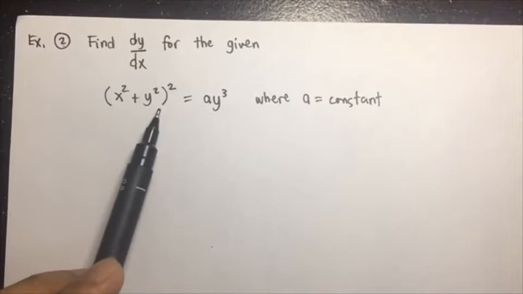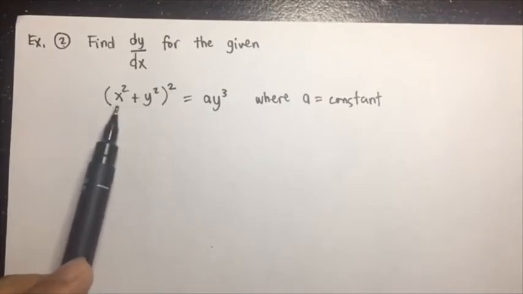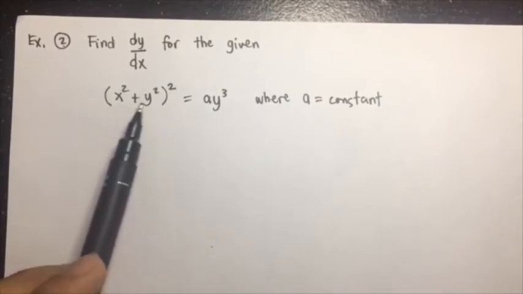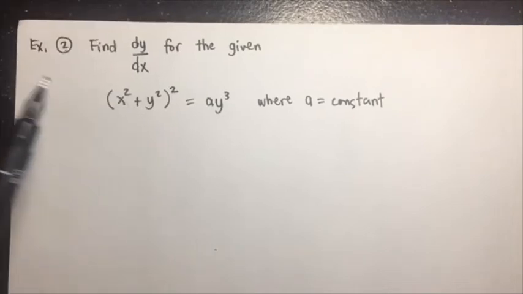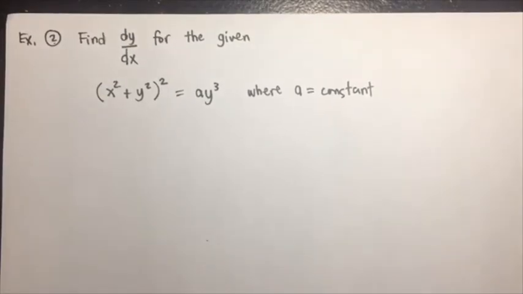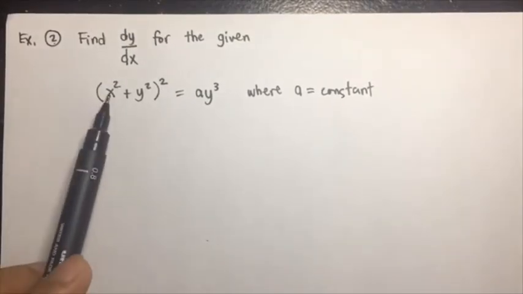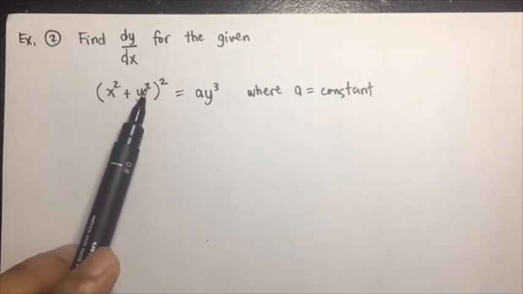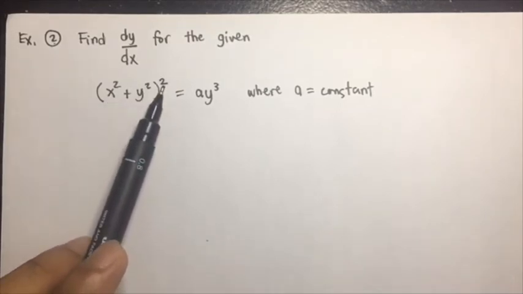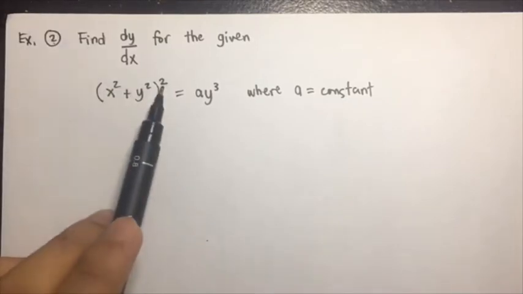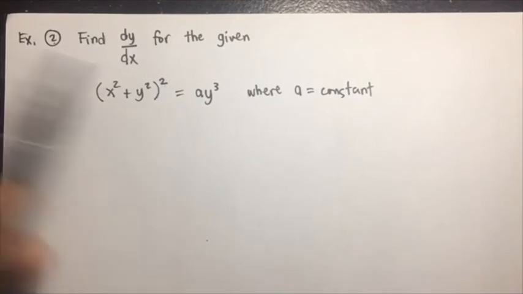For the first term here, we can derive this using the general power formula, where our u is x squared plus y squared and our n is equal to 2.